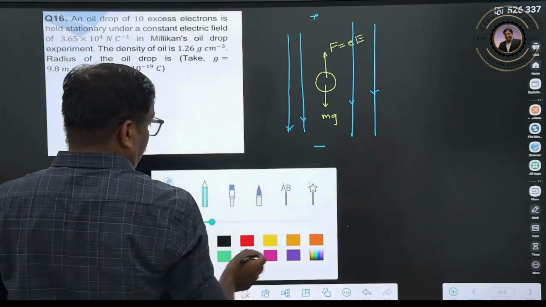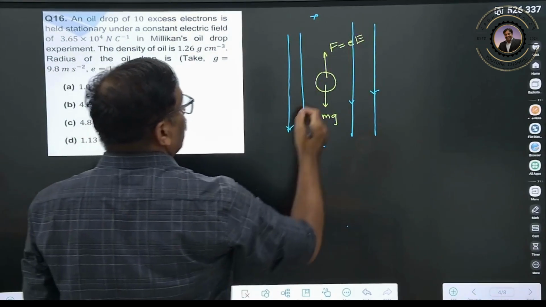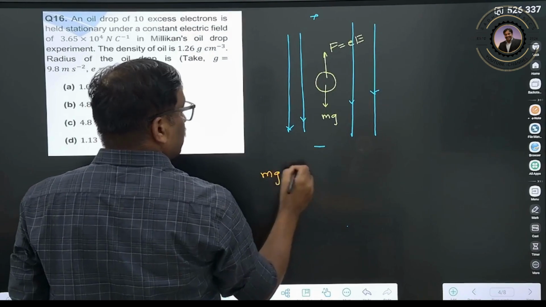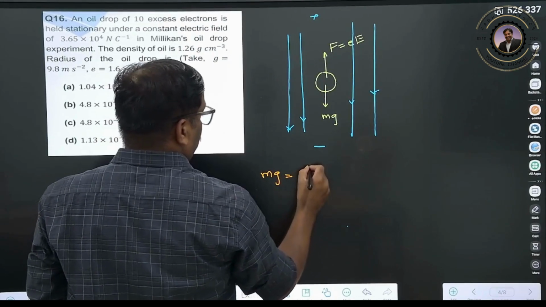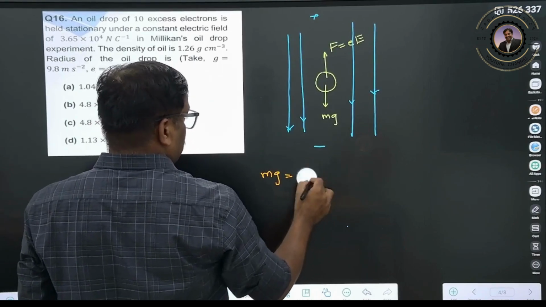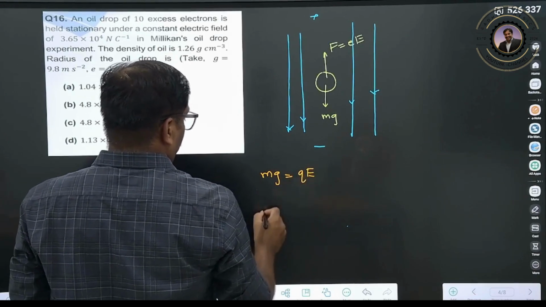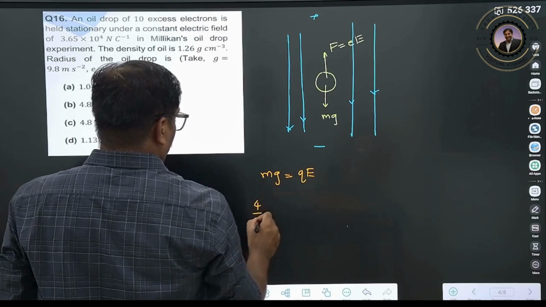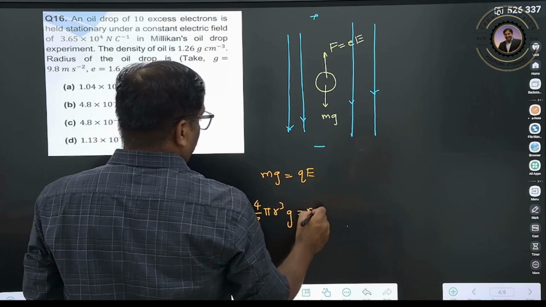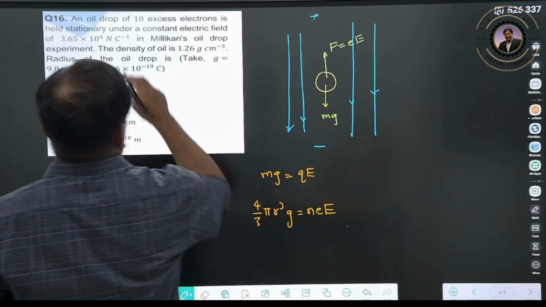Therefore we want to calculate the radius of the oil drop. These two are balancing, so you can write mg equals qE. What is the charge on this? q is the number of electrons into the charge of the electron. Therefore m is 4 by 3 pi r cube into g, and the electric field is also given.